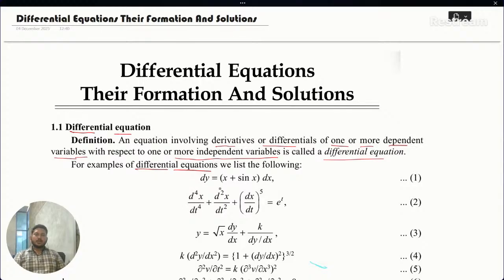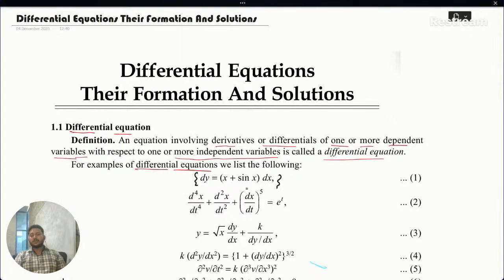So here is an equation written: dy = (x + sin x) dx. Okay, you may write it like this: dy/dx = x + sin x, and write it, make it an equation first.